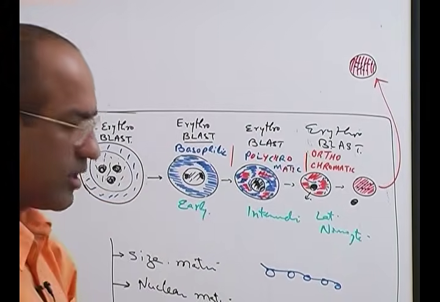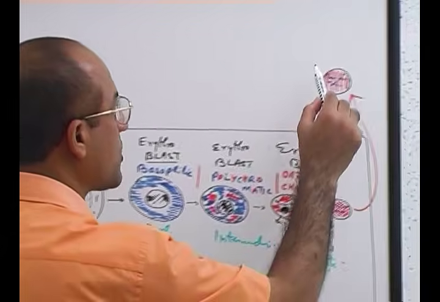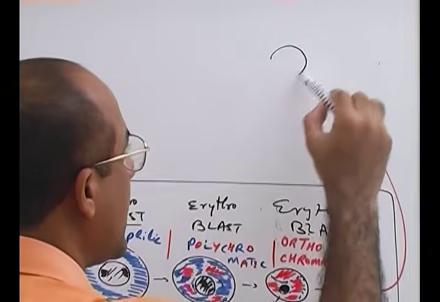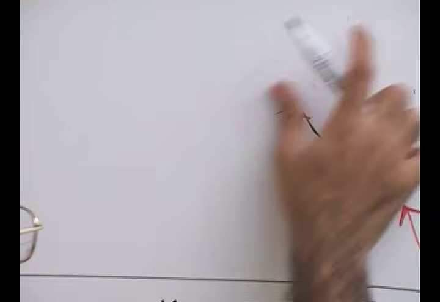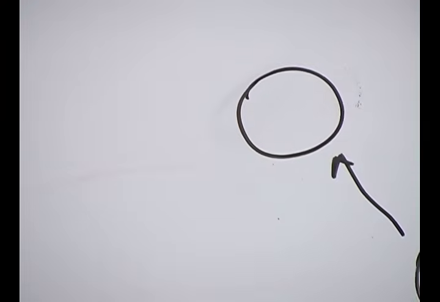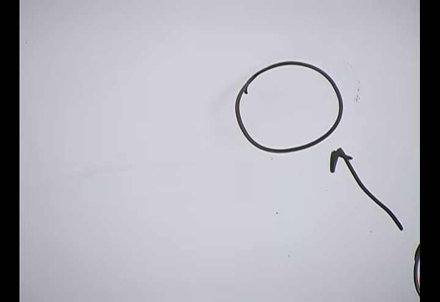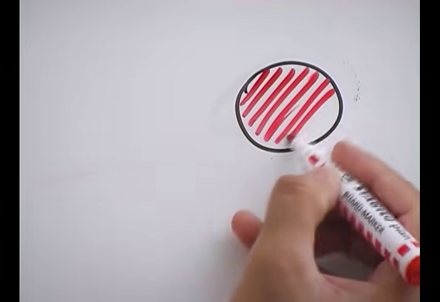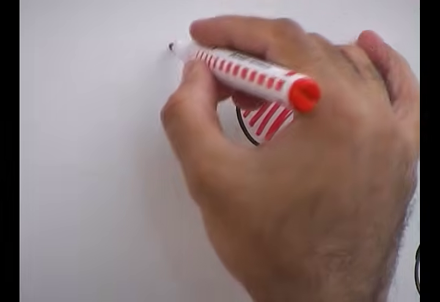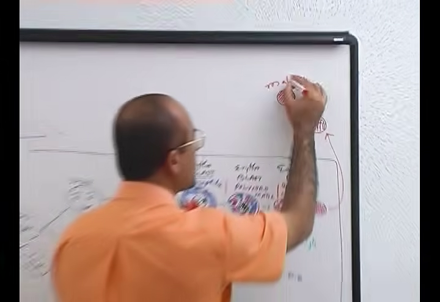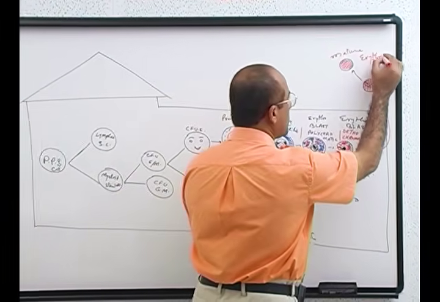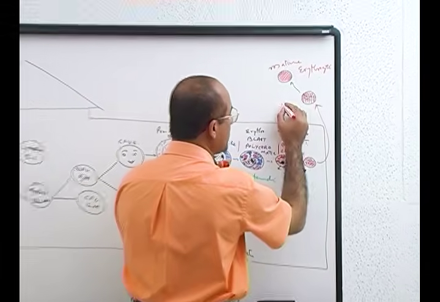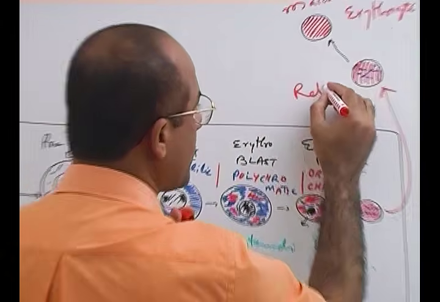Within 1-2 days, with further maturation, its size will become a little smaller and the retic will disappear. It means ribosomes will disappear, hemoglobin formation will stop, and the cell will become purely hemoglobinized, and now it is called a mature erythrocyte.